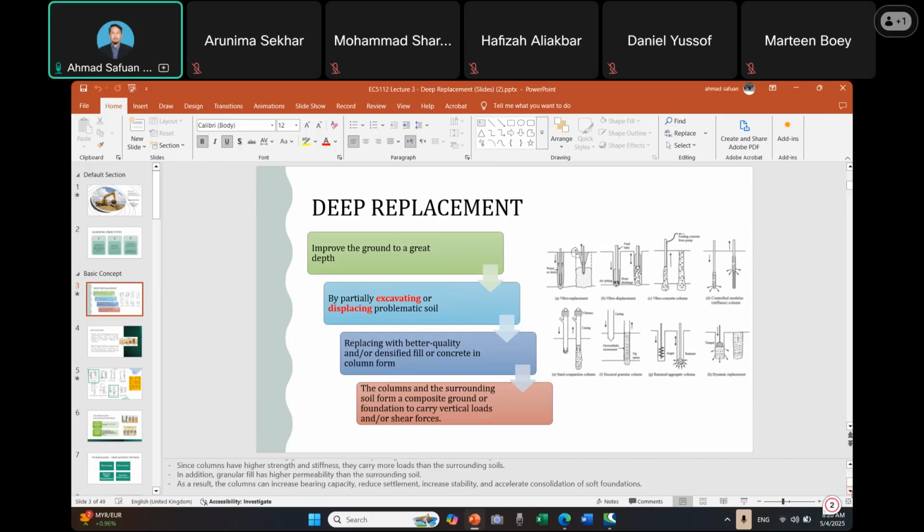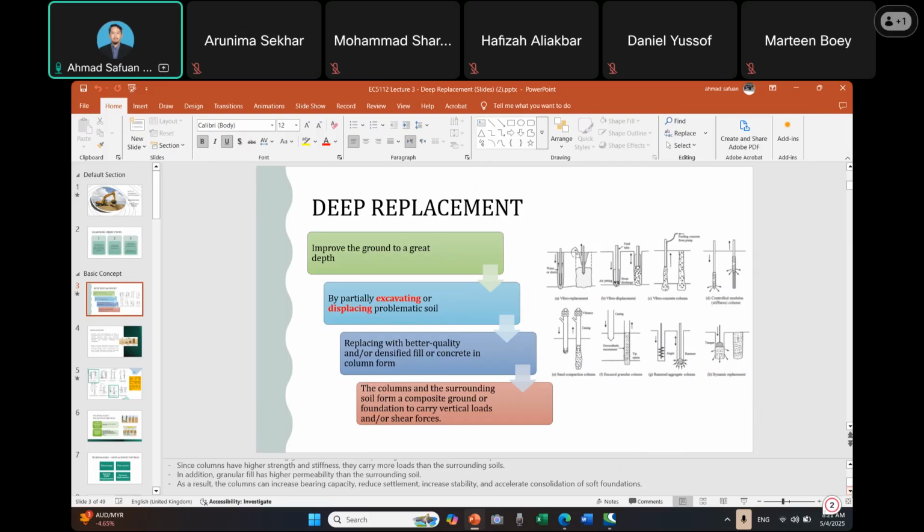So by replacing the weak soil with a stiff material like a column, we can increase the bearing capacity, reduce settlement, increase stability, and also accelerate the consolidation of soft foundations. That is the idea of using deep replacement.